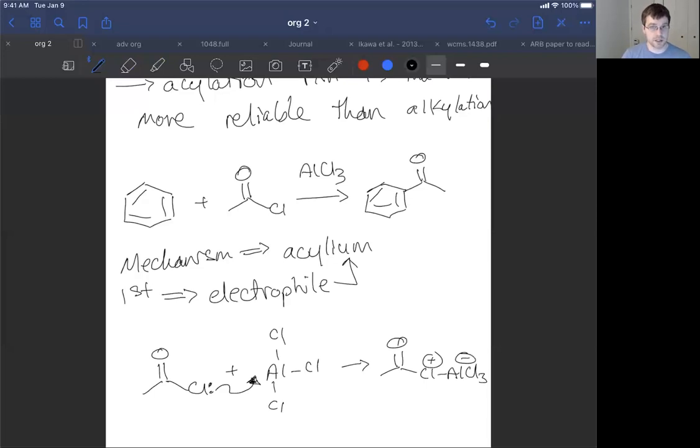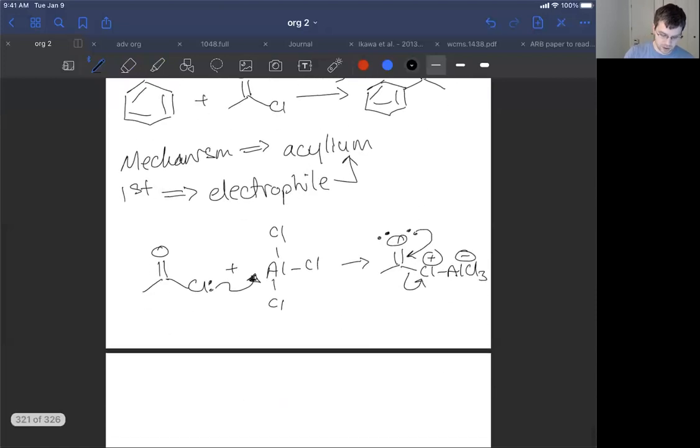My favorite way, because it gives us the best resonance depiction, is to let one lone pair of electrons on the oxygen atom sweep down to make a third bond between carbon and oxygen and push the chlorine atom off. That's going to give rise to an oxygen triple bonded to carbon, which is then single bonded to a methyl group. The oxygen, with only one lone pair of electrons, is positively charged.